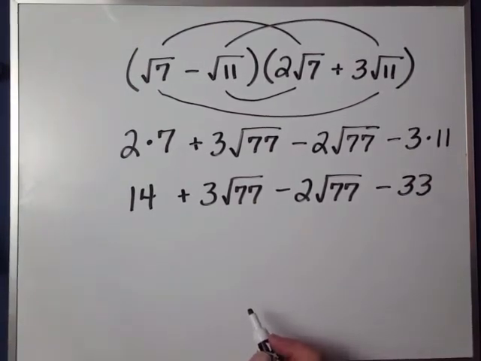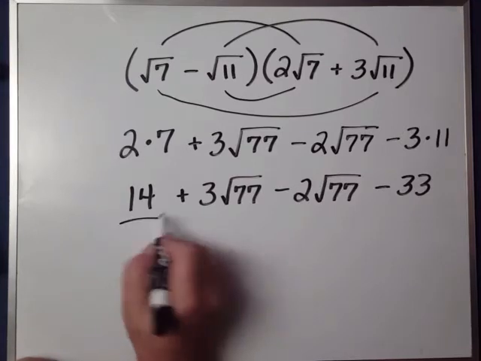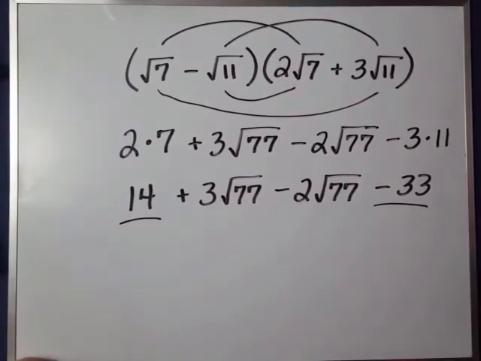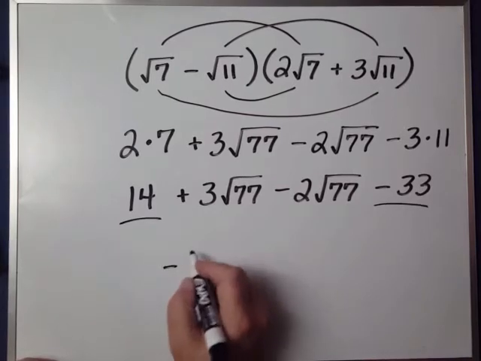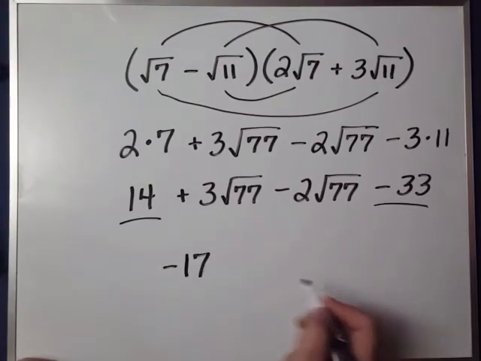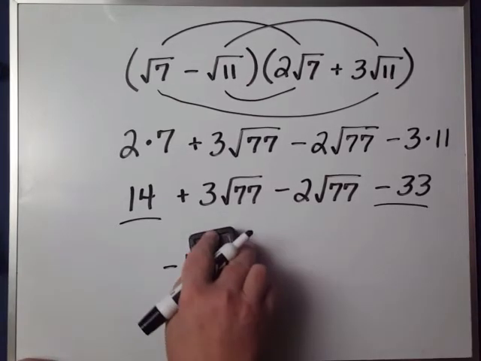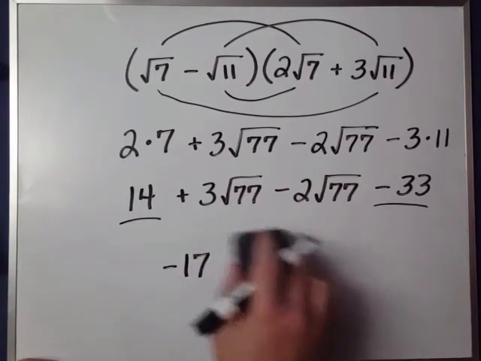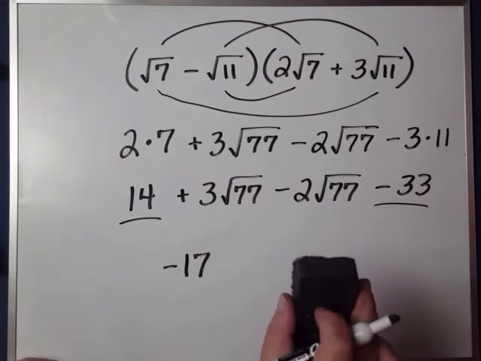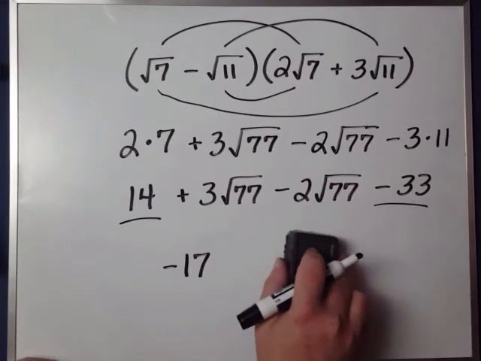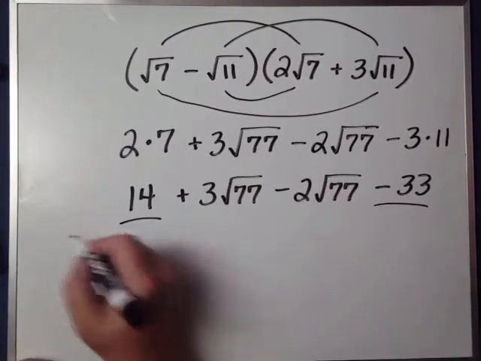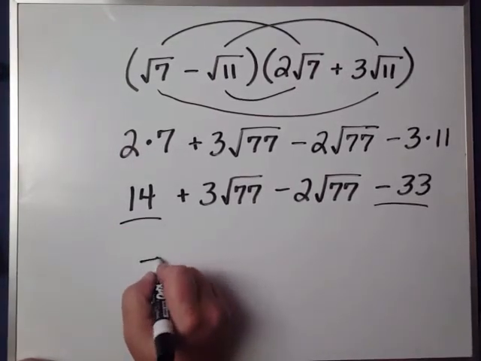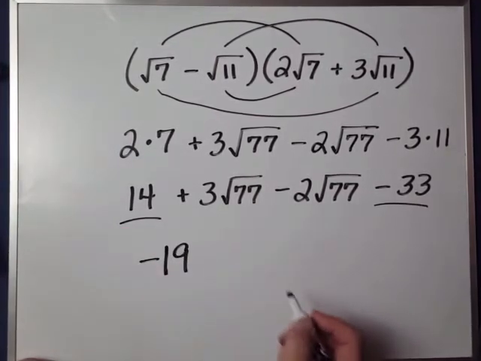Now combine like terms. Our numeric terms, 14 minus 33 leaves me a negative 17. No, it doesn't. 14 minus 33 is going to leave me, I just went completely blank on that, a negative 19.